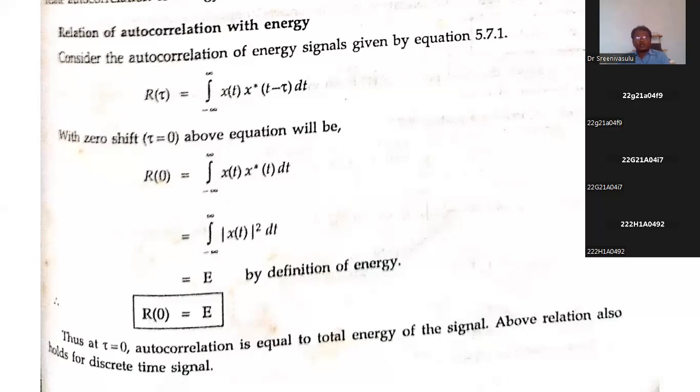We know the formula: x of t times its complex conjugate is the magnitude of x of t whole square.